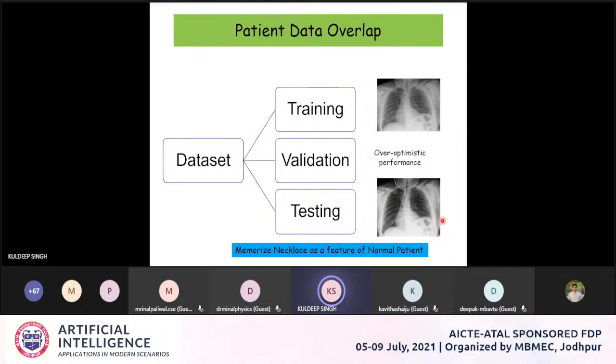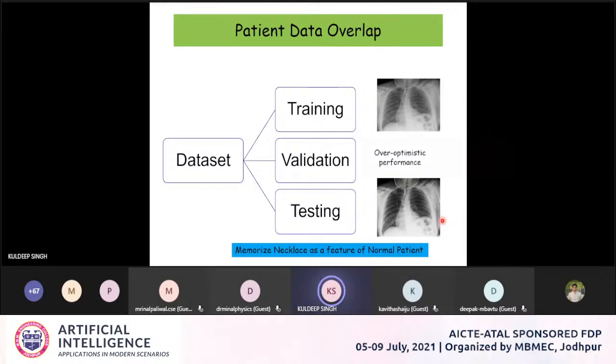It should belong to only one data set, whether it is training or validation or testing. As you can see in the example here, suppose a patient is wearing a necklace here, and we have put this particular image in the training data set. And suppose this particular patient belongs to the healthy category.